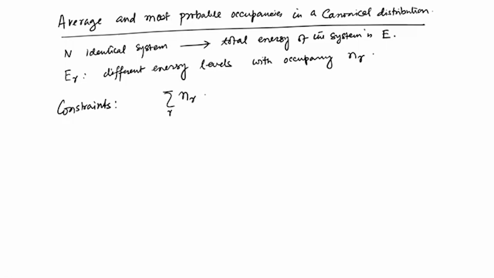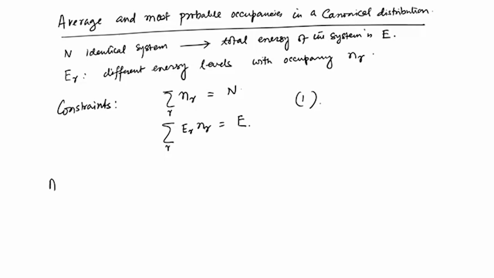So, the sum over R of N_R should be equal to capital N, which is the total number of particles, and not only that, because the combined system A and A prime is isolated, or rather insulated from the surroundings, we have the sum over R of E_R N_R equal to E. Let us call this equation 1. And these are the constraint conditions that we have.